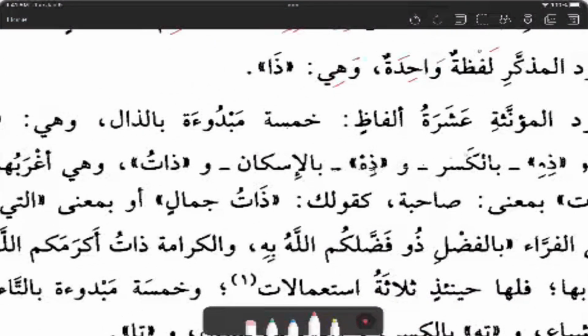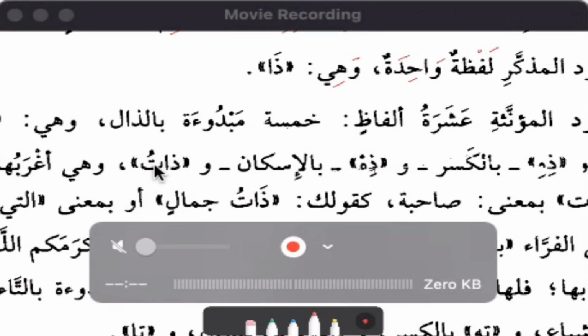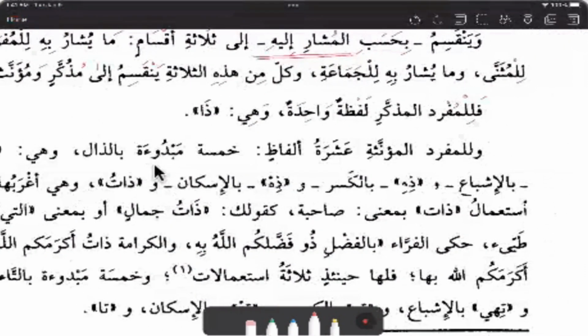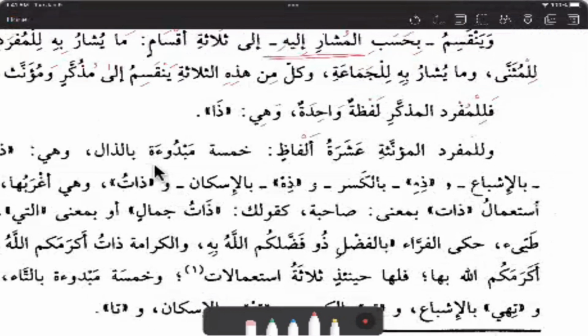When you say dhalika, it's really that. And for the feminine singular, there are 10 expressions. That's how vast Arabic is.